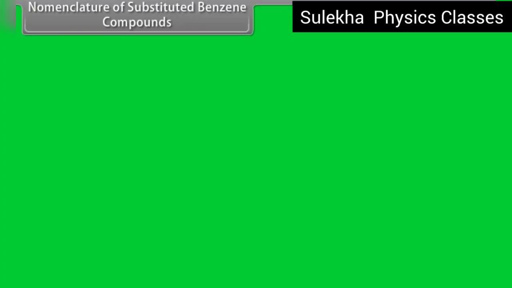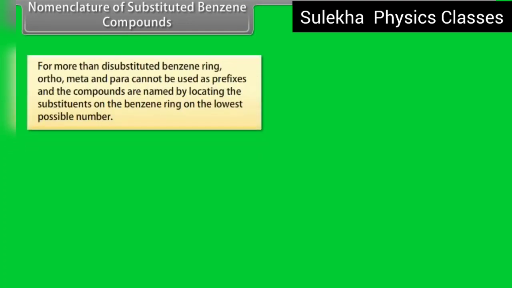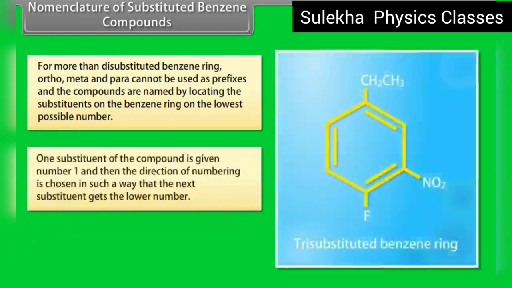Nomenclature of substituted benzene compounds. For more than di-substituted benzene ring, ortho, meta and para cannot be used as prefixes, and the compounds are named by locating the substituents on the benzene ring at the lowest possible numbers. One substituent of the compound is given number 1, and then the direction of numbering is chosen in such a way that the next substituent gets the lower number.